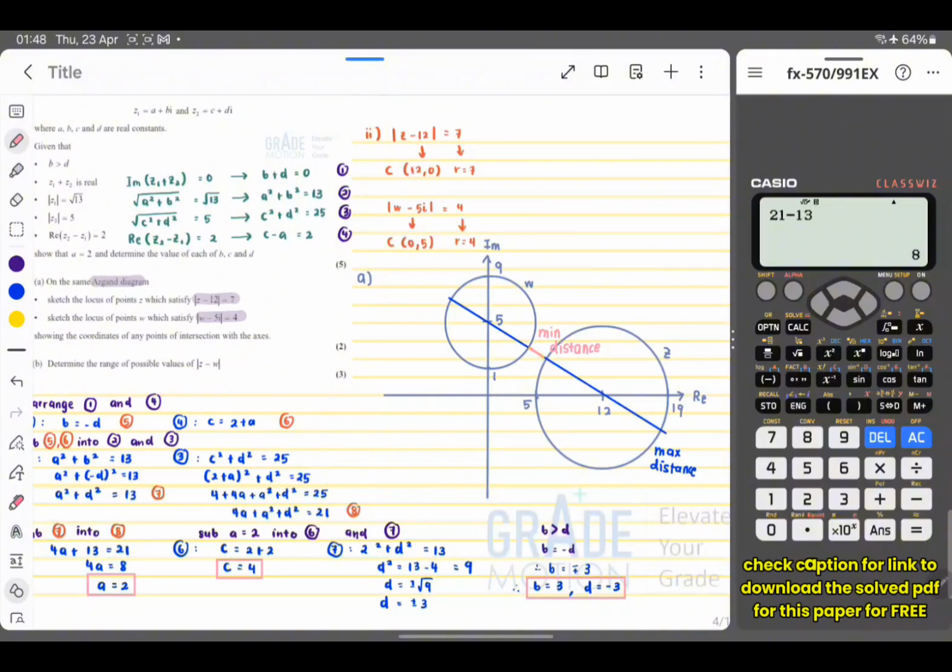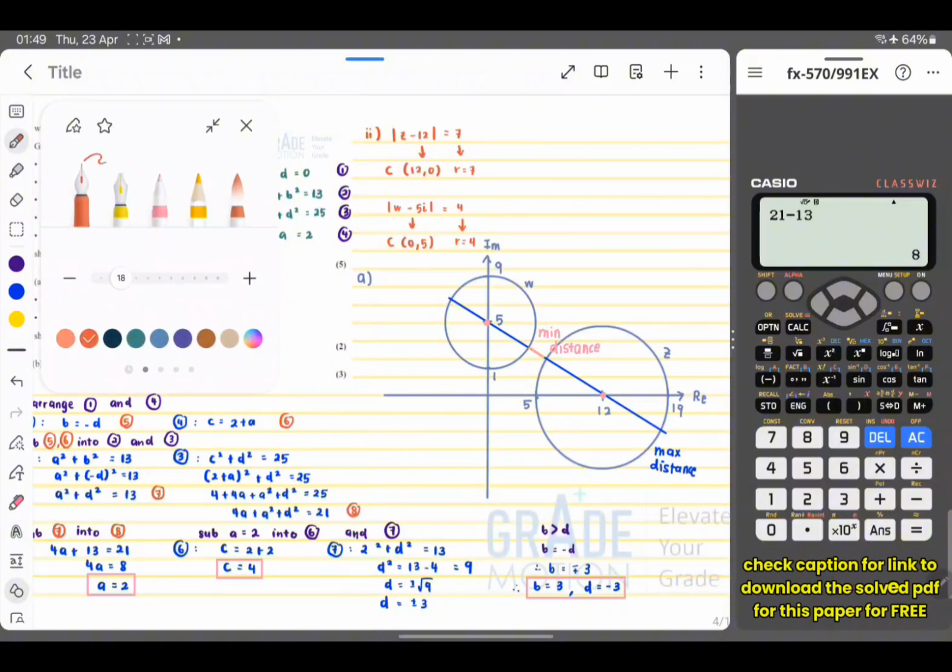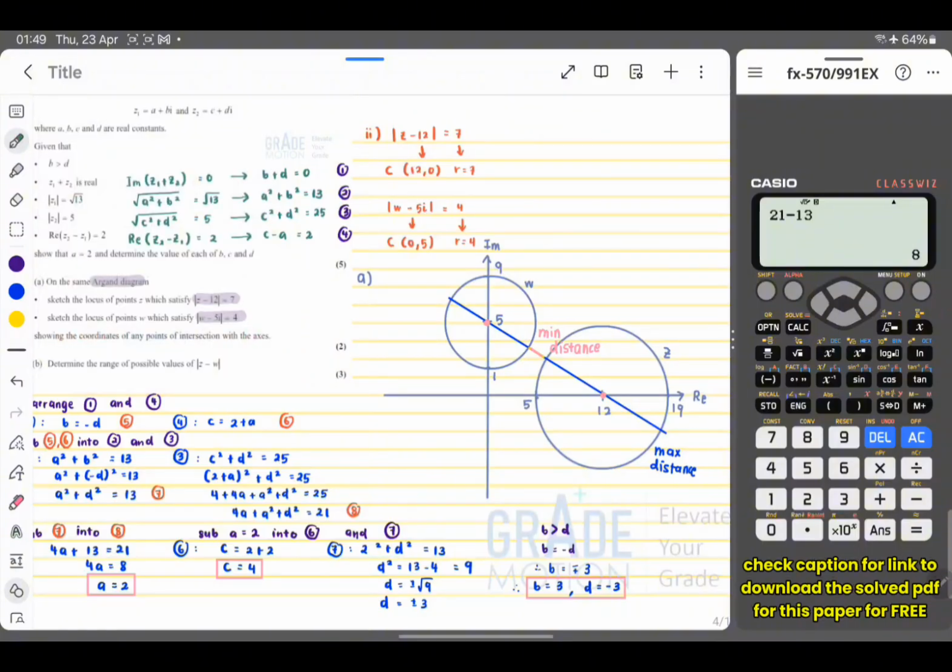So how can we find this? First, we have to find the distance between these two centers. So what we're finding is part 2B. Okay, so what we have is a triangle. The distance here is 5, the distance here is 12, and you want to find this, the hypotenuse.